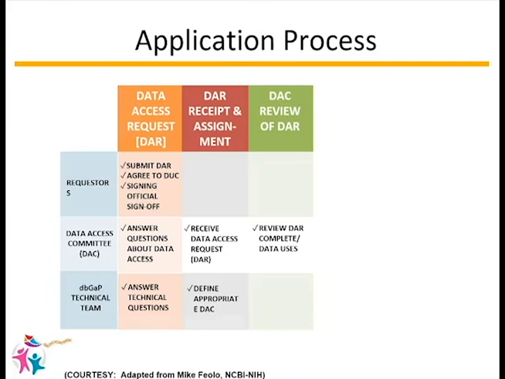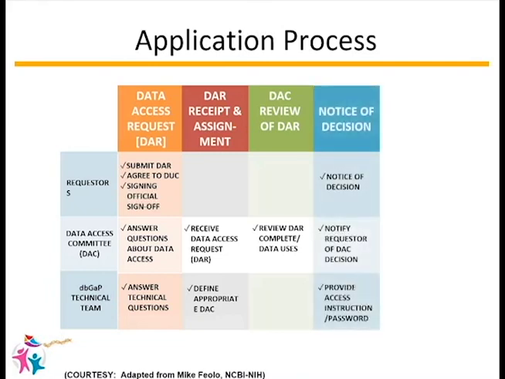The data access committee is comprised of senior NIH staff who have scientific expertise, as well as ethical backgrounds around the regulations and IRB. We make a decision, and then we notify the requester of the decision, and then through dbGaP, they'll provide you instructions and a password on how to get access to the data.